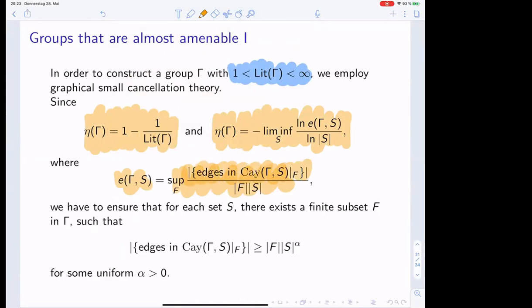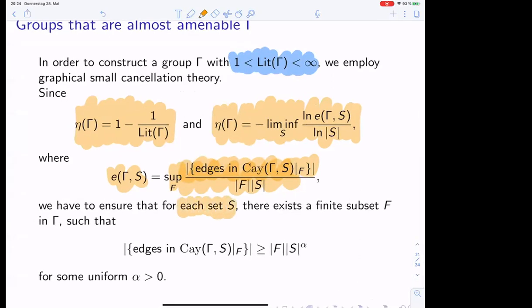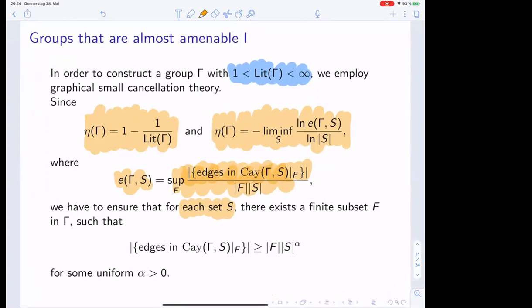What it means in practice is that for each generating set, and that's already tough, because to do something for each generating set is difficult, we have to find a finite subset F of our group gamma, such that the edges in the Cayley graph, when restricted to F, are still many, in the sense that they are more than |F| times |S| to the alpha for some uniform alpha which is bigger than 0.